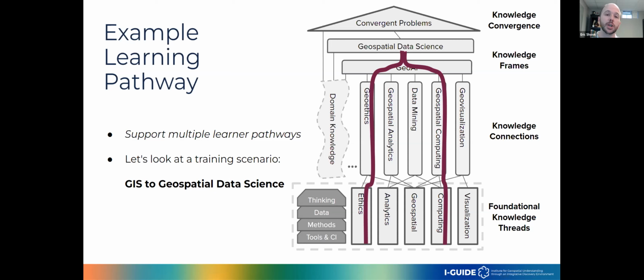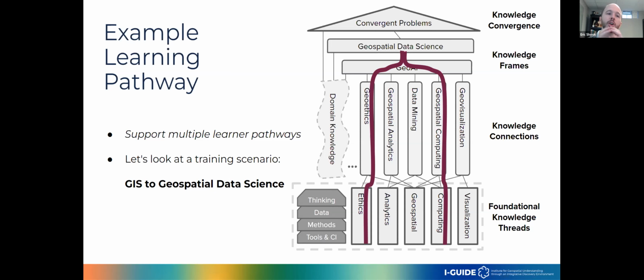This is something that we're starting to change in the curriculum in a lot of GI science programs. But if you're an existing GISer, these might be 2 areas where you might need a little bit more development. So in a training where you're trying to bring somebody in GIS or geography up into geospatial data science, you might have to bolster those 2 areas. A training that we're planning on focusing on would help people understand and appreciate ethics and geoethics, and also build up their computing and geospatial computing knowledge and skills so that we can get them to a level where they can start looking at GeoAI and then geospatial data science.